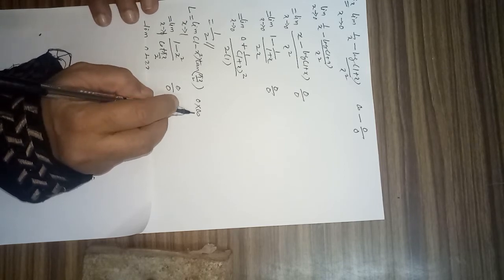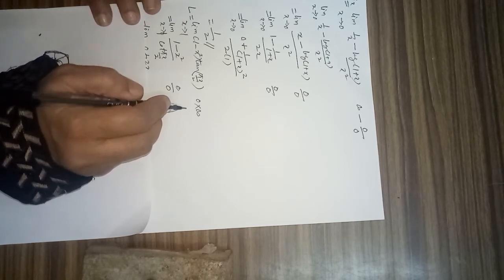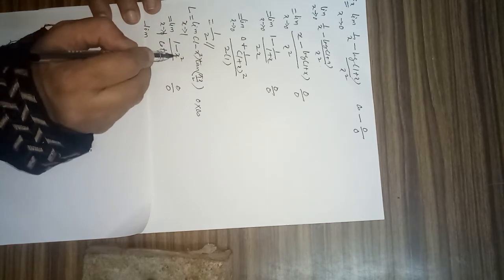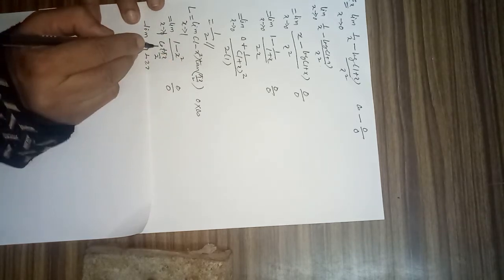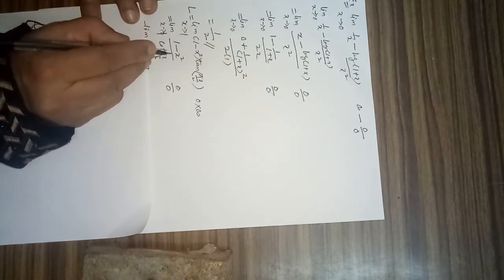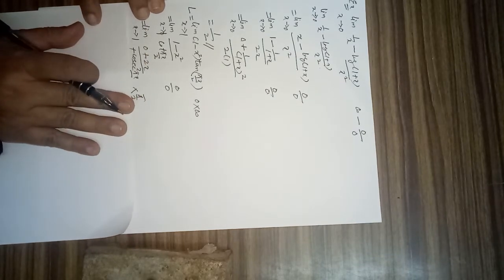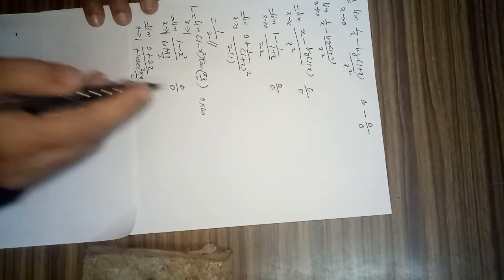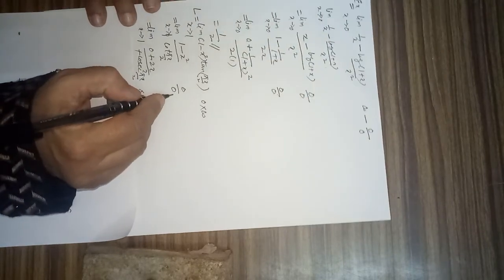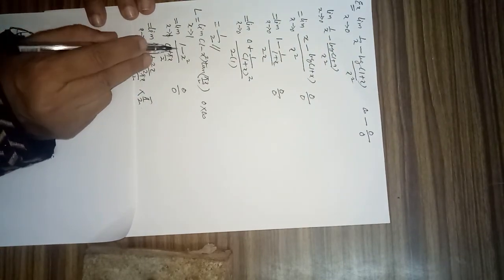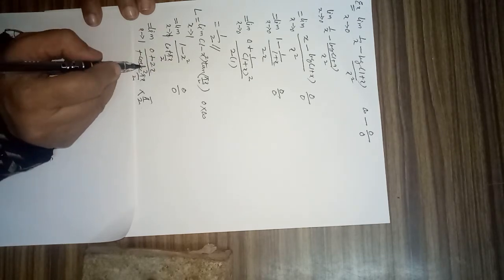Better to reduce it to 0 by 0 form. So 1 minus x square I keep here itself, tan I bring to the denominator: 1 minus x square upon cot pi x by 2. When you put x equal to 1, it will be 0 by 0 form. Therefore, let us differentiate numerator and denominator.